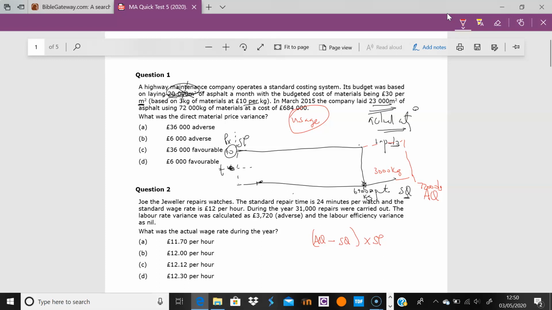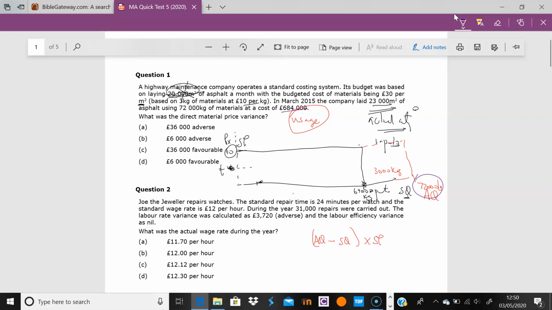But this question is asking what the price variance is. I'll change my color. What's actually happened is that you have bought 72,000 kilograms at a certain price and spent a total of 684,000. I'm going to do this both ways.